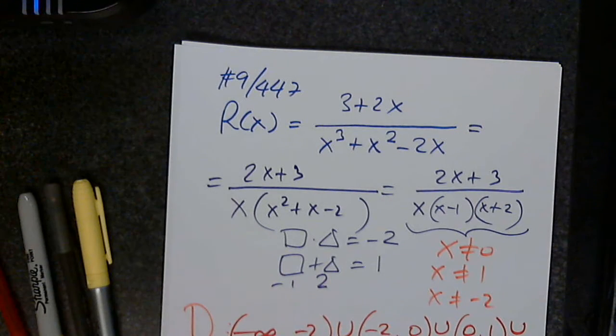Perfect. Why can't it be negative 2? Because negative 2 plus 2 would be 0. Oh, that's a plus. That's okay.